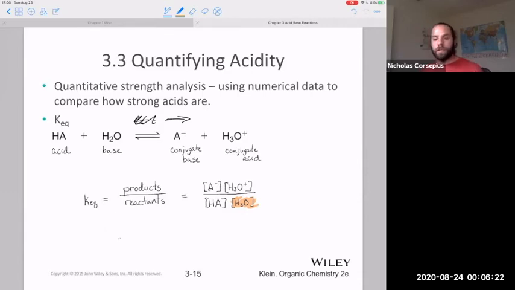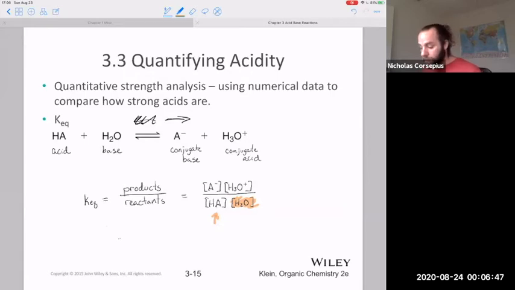In most solutions that you prepare, the concentration of water is going to be way, way bigger than the concentration of everything else, so much so that it basically remains constant throughout the experiment. It's always about 55 molar. Whereas your concentration of acid is going to be on the order of 1 molar, maybe 10 molar if it's very concentrated, but way, way less than 55.